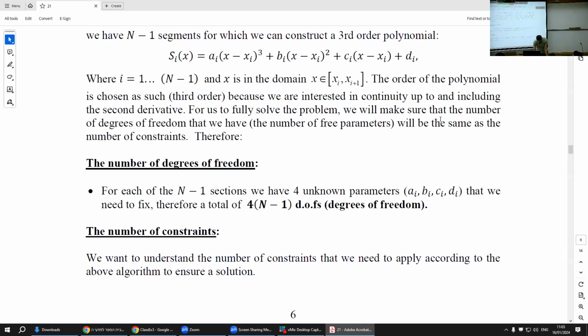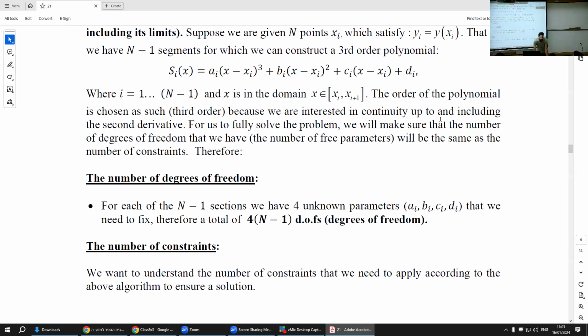And the question to be asked here is, why is this better than the Lagrange way? We hope that it's better. So one thing, it doesn't have those oscillations, because we use only low order polynomials in each region.